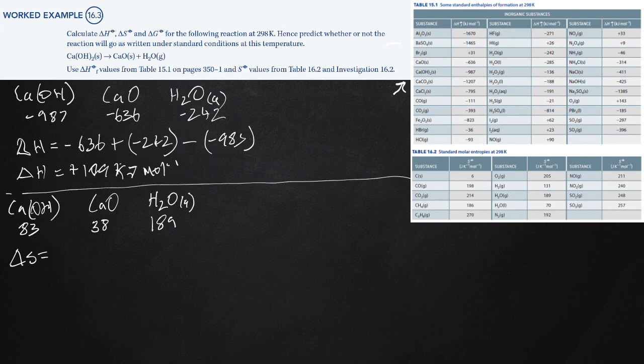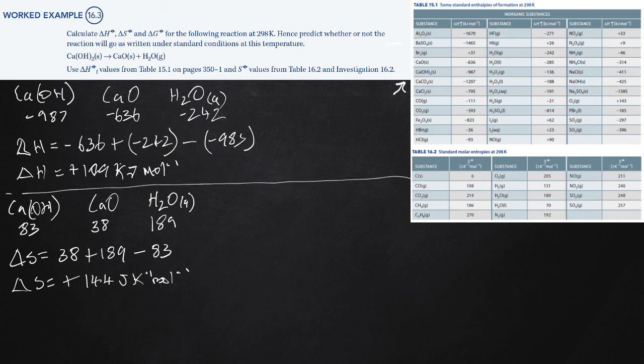So let's start with 38, calcium oxide, plus our water vapor, which is 189, so that's our products, minus the entropy of our reactants, so 83, and our delta S, our change in entropy, therefore, is plus 144 joules per Kelvin per mole.